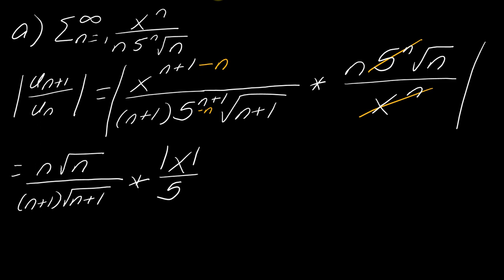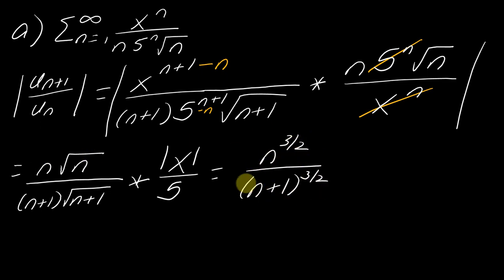Okay, so what else can we do? At this point, I can take the n and the square root of n, and the n plus 1 and the square root of n plus 1, and make this a little nicer to look at. This is going to be n to the 3/2 over n plus 1 to the 3/2. This has an exponent of 1, this has an exponent of 1/2, so 1 plus 1/2 is 3/2.